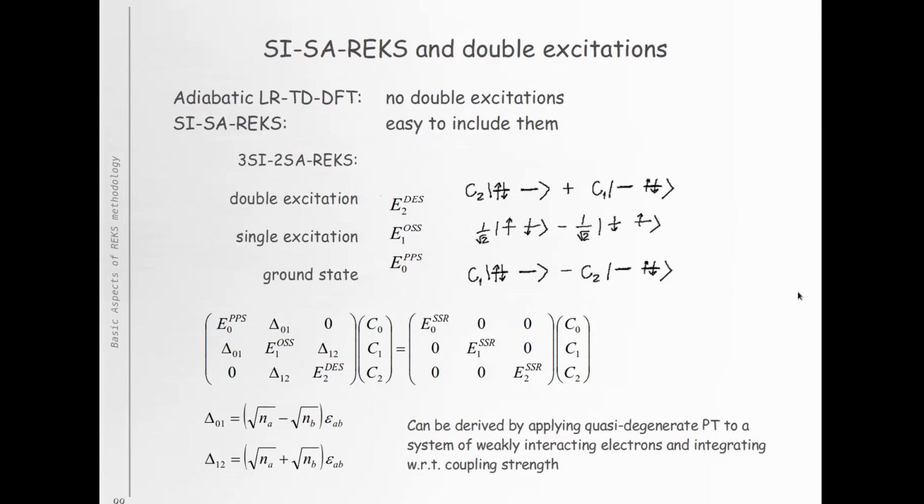Is it because that there is no coupling between the DES and PPS? Yes, exactly. I simply don't want to include this state into orbital optimization because usually it's a very high lying state, and it may deteriorate the energy of the average state and the optimized orbitals.